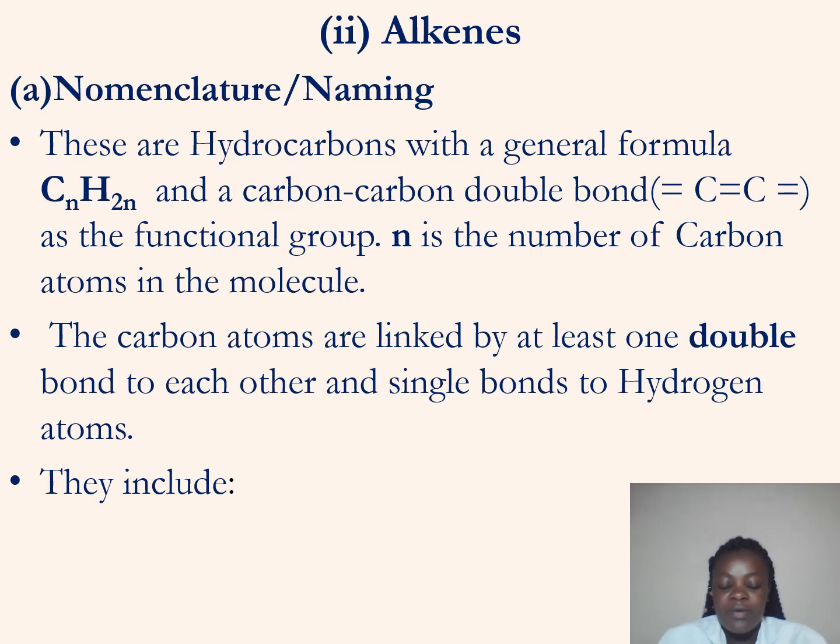So this is part 5 of this chapter, and we start by looking at what we call nomenclature, or the naming system of alkenes. So we say that alkenes are hydrocarbons.